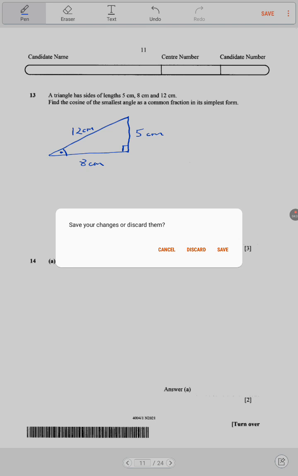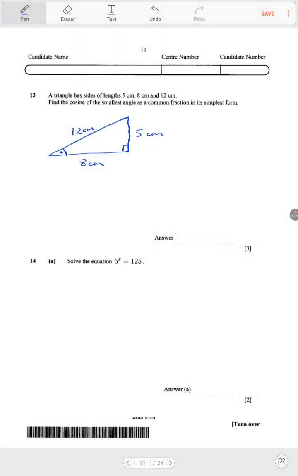We have an acronym that we use to help us solve such questions, and it's called SOHCAHTOA. Here CA is the one that represents cosine.